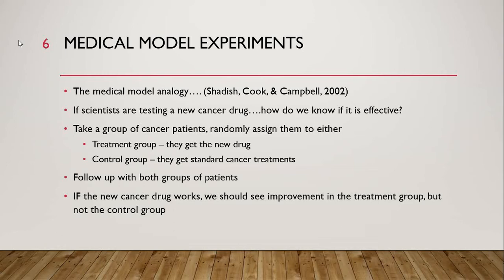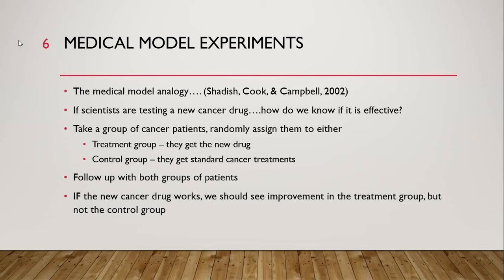Basically, they would take a group of, let's say, 50 cancer patients, and use a random assignment mechanism to randomly assign those patients one by one to either the treatment group, which gets the new experimental drug, or the control group, which gets standard cancer treatments.